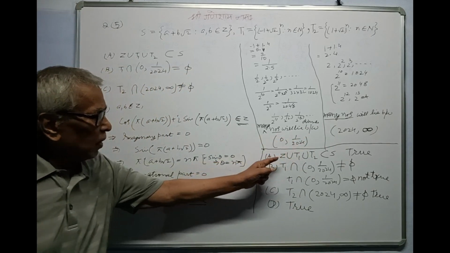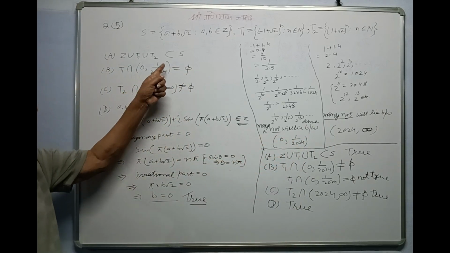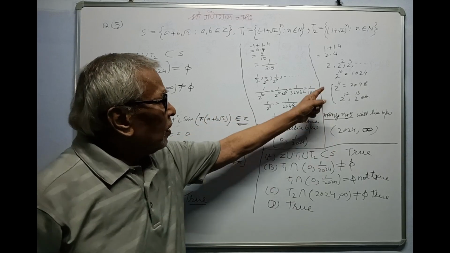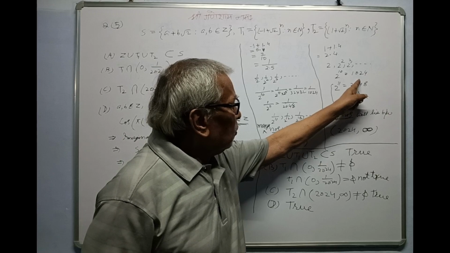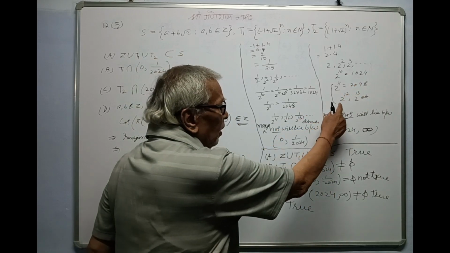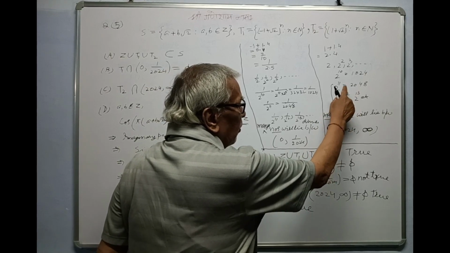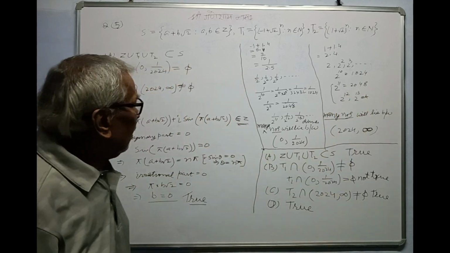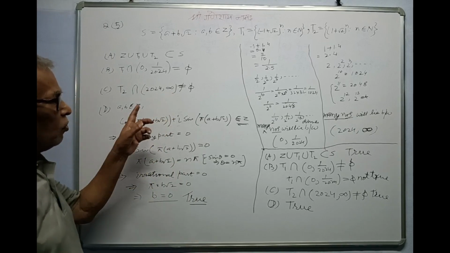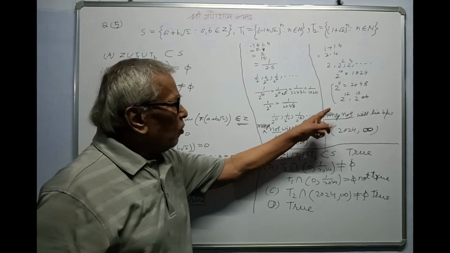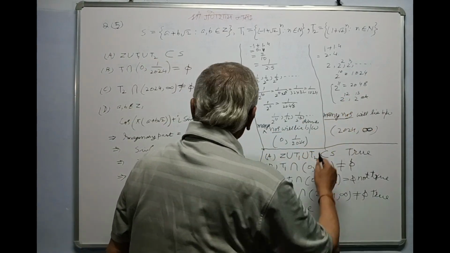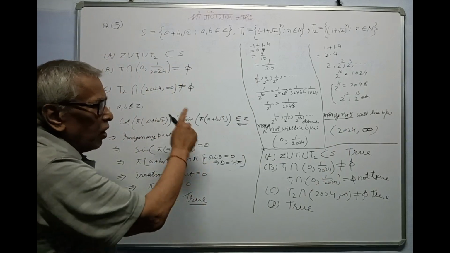So many numbers will lie between 0 and 1 by 2024. Similarly, 2 square, 2 to the power 10 is 1024, 2 to the power 11 is 2048. So many numbers above 2 to the power 11, 2048, will lie between 2024 and infinity.